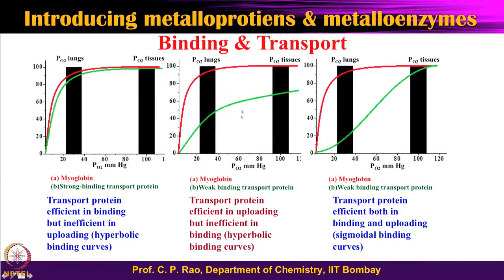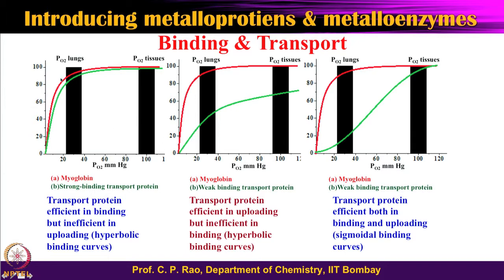Okay, so there is a lot of difference. Now here, if you take a transport protein that is efficient both in binding as well as transporting, then it will be neither the hyperbolic of this type nor of this type, but of this type. What is this type called? This is called sigmoidal.